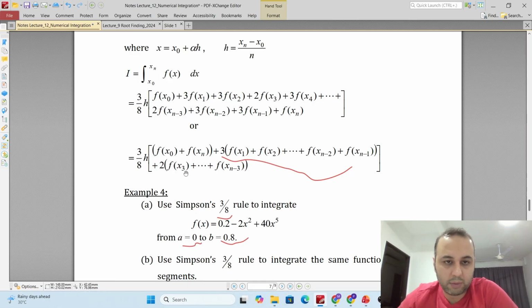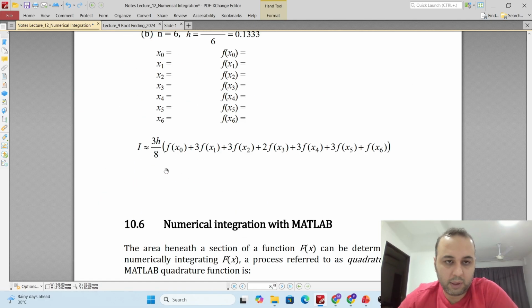Okay, based on this formula, we will get this.